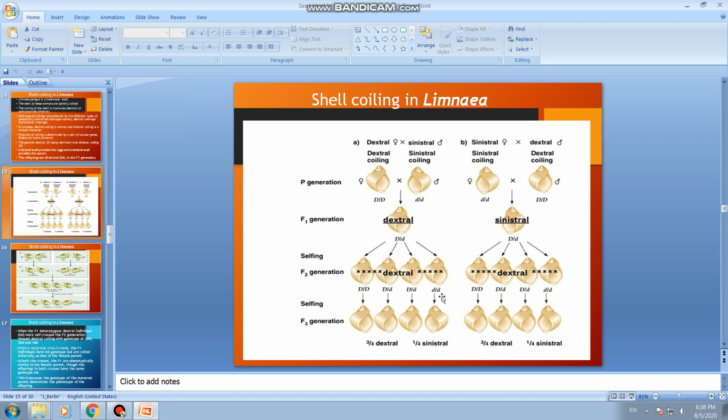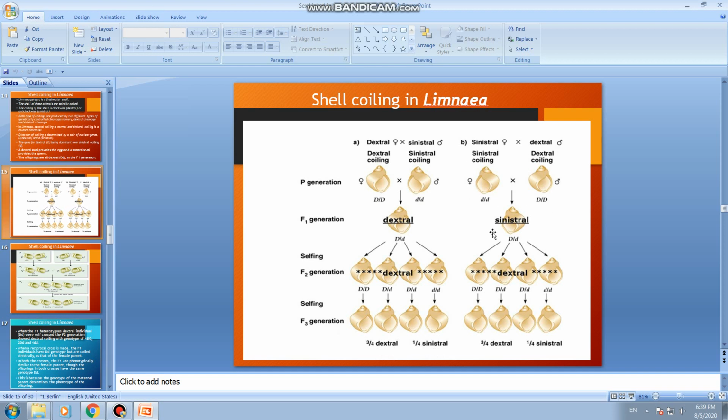Even the snail with both recessive small d genes shows dextral coiling. Then the males and females in the F2 generation are crossed among themselves. What happened in the third generation? It followed Mendelian inheritance: 3 are dextral and 1 is sinistral, in the ratio of 3:1.